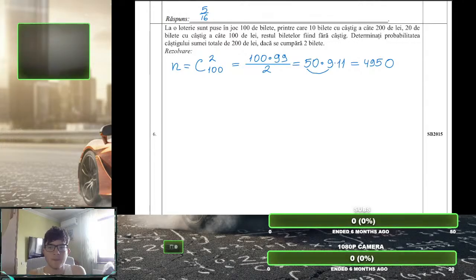C. You just think about how many tickets win you 200. So you take 1. C of 10 choose 1, so that's 10. In the first case, 10 times what? Times the C of the rest of them, and take 1. The rest of them, 30 total are winning ones. So 100 minus 30, 70 are not winning ones. So you're gonna have 10 times 70.